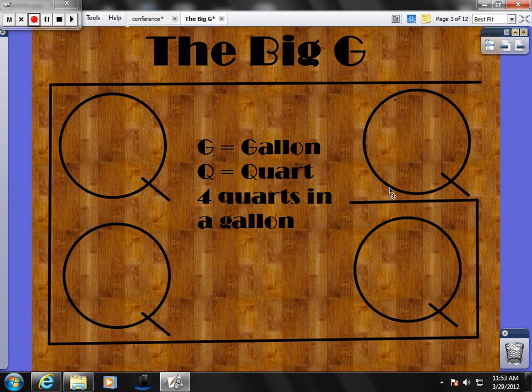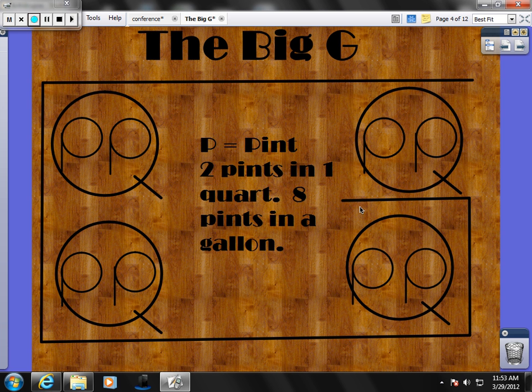So now, inside each quart now, there are 2 pints. P represents pints. So there are 2 pints inside each quart. That means that for every gallon, there are 2, 4, 6, 8 pints. So we have 4 quarts in a gallon, 8 pints in a gallon.